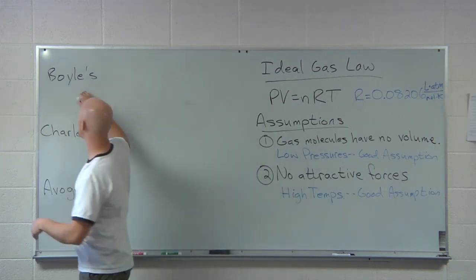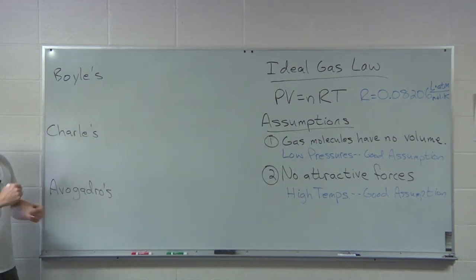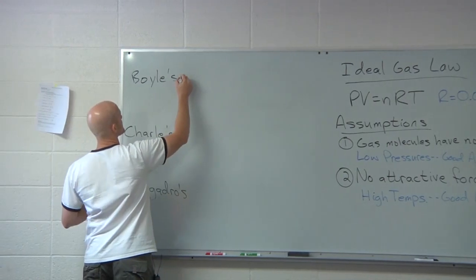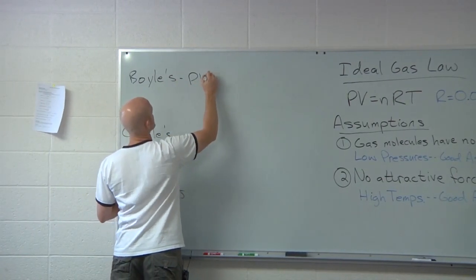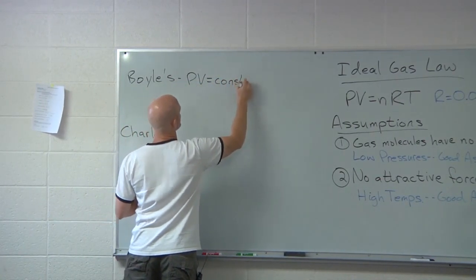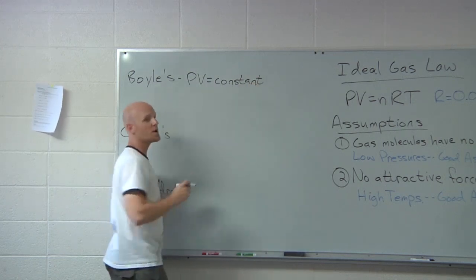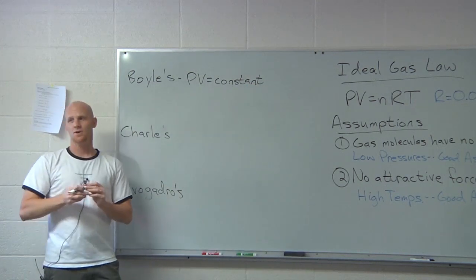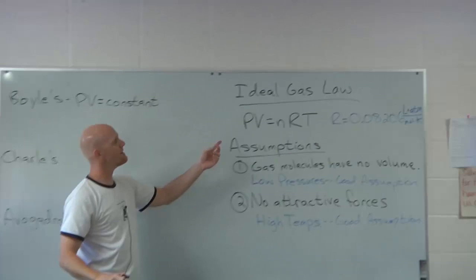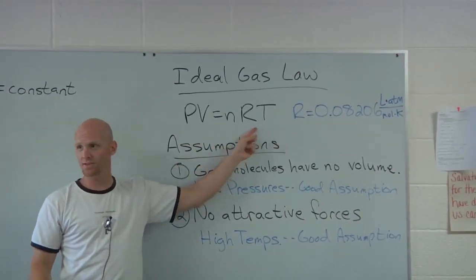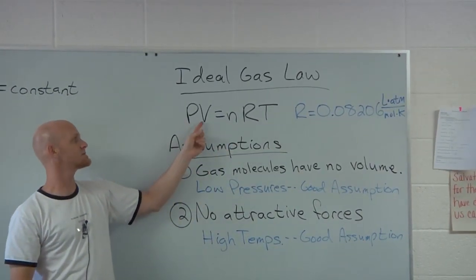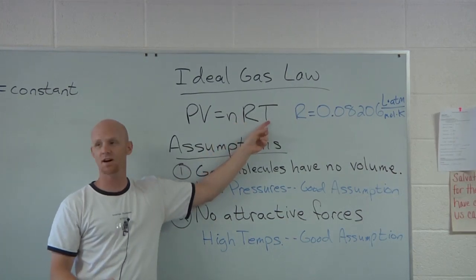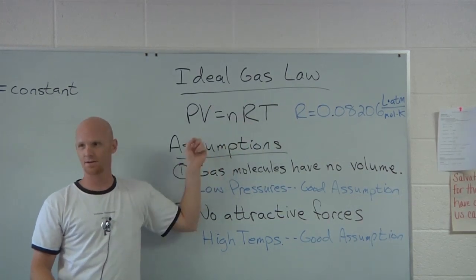What did Boyle compare volume to? Pressure. In this case, Boyle's law says that P times V equals a constant, or at least that's one way to write it. If we keep everything else constant besides P and V, then P times V would equal a constant times a constant times a constant, which is just a big constant.